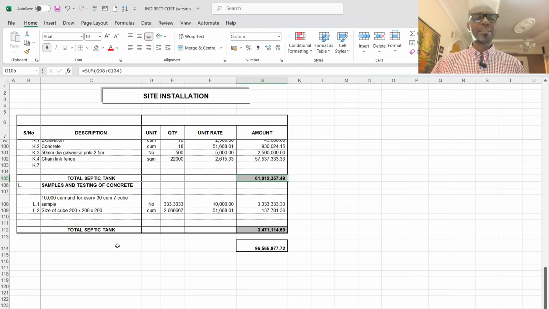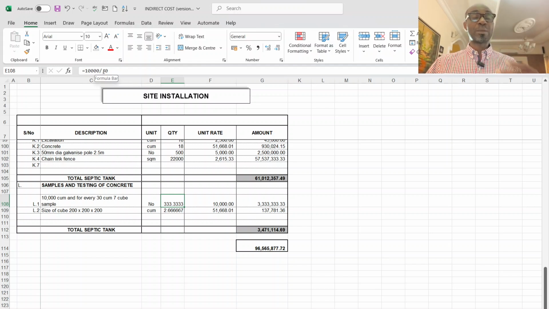You can determine that. Let's say you have the number of cubes. If you're going to cast 30 for each 10,000, you divide it, and you have about 30,000. That you're going to have 303 pieces to be crushed for a 10,000 cubic meter that you are going to cast on that project.